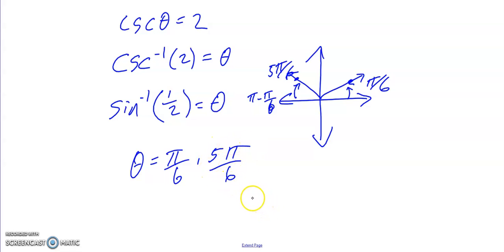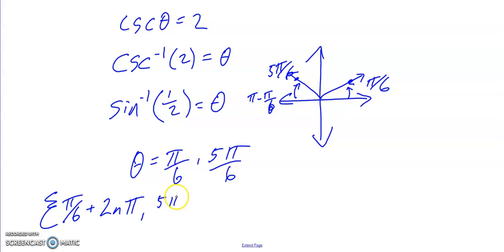Now if you look at your instructions though, the instructions said list all of the solutions. Not just these two, all of them. So we're going to say pi/6 plus 2n pi. Add a full rotation to that pi/6.